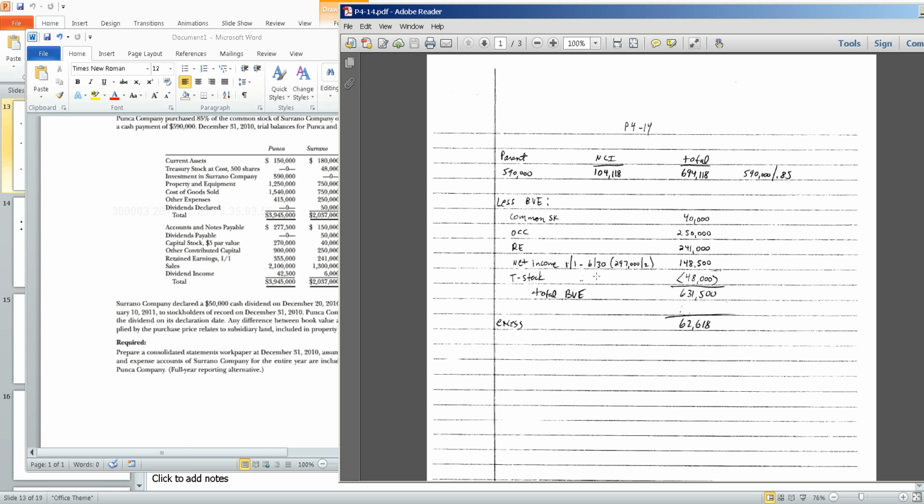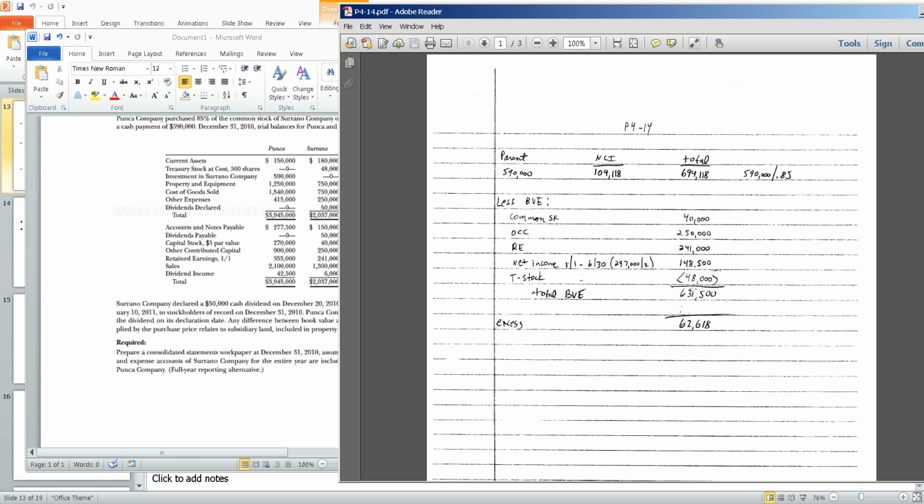Because the subsidiary company has not closed the revenues and expenses to retained earnings as of the acquisition date, the full book value of the equity cannot be garnered simply by looking at the balance sheet of the subsidiary company, because there are revenues and expenses generated from the beginning of the year up through the acquisition date that eventually are going to make their way into retained earnings, but they haven't yet.